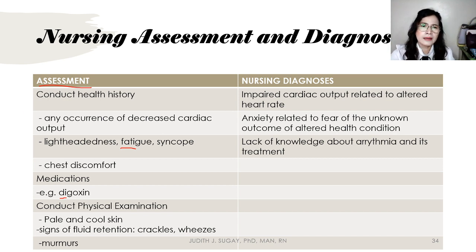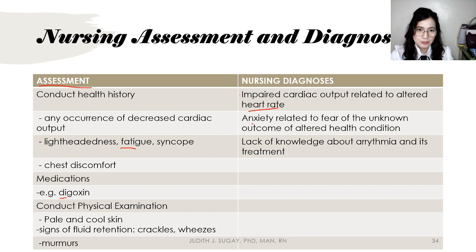And then a few of the nursing diagnoses that we can come up with are based on, of course, the relevant cues of the client. These are not cast in stone diagnoses, so you will be the one to determine depending on the result of the assessment. For example, impaired cardiac output related to altered heart rate. Again, you have to check the heart rate of your patient.